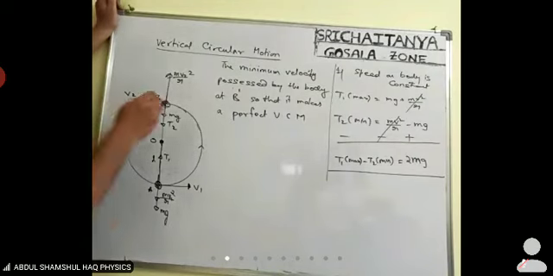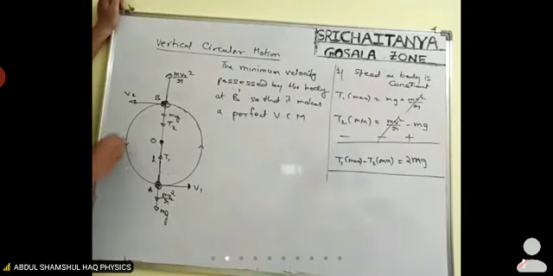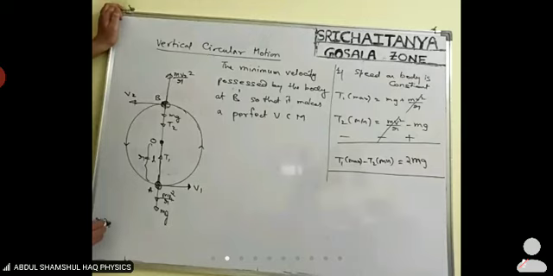So the minimum velocity possessed by the body so that it makes a perfect vertical circular motion. Students, this is the radius of the circle, and this radius will be equal to the length of the string.